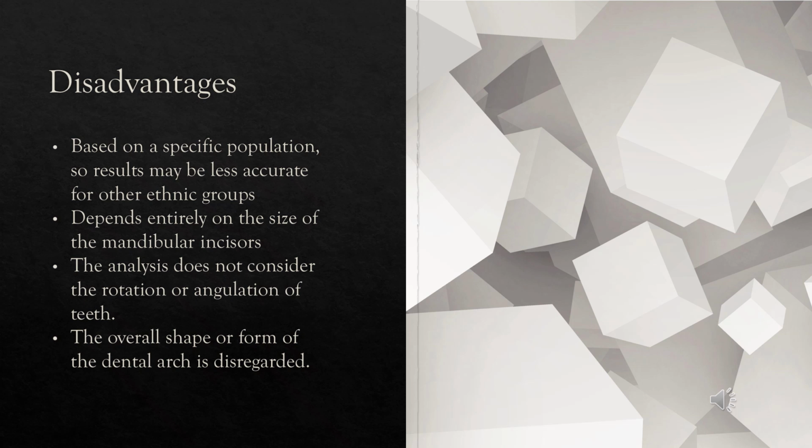Another downside is that it doesn't consider tooth angulation or rotation, so if the incisors are twisted or tilted, the measurement might be off. And lastly, the analysis doesn't take into account the overall arch form, which is an important factor in space management.